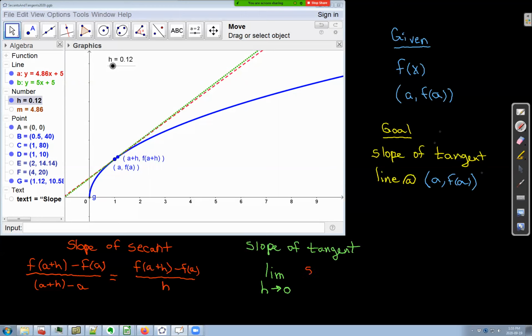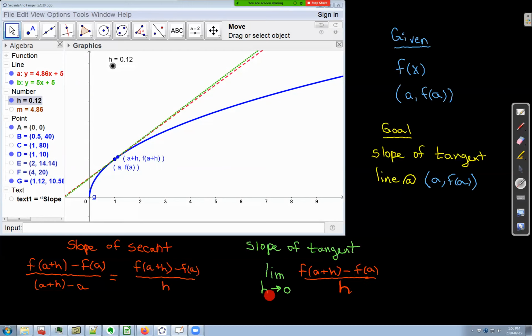So we've got f of a plus h minus f of a, divided by h. That red expression is the slope of the secant line.